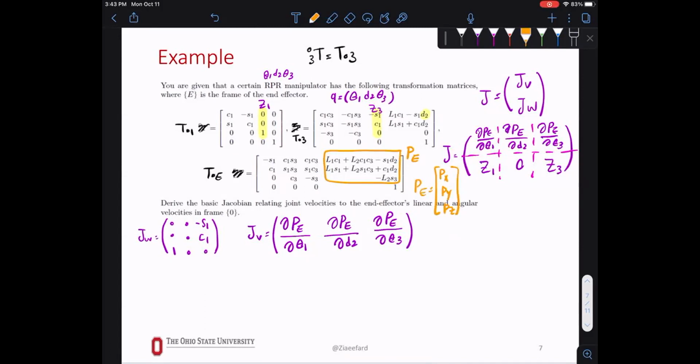So PE, PX, PY, PZ with respect to theta 1. PX, PY, PZ with respect to theta 2. And same for that one, it's going to be 3 by 3. You put them on top of each other, you have a Jacobian. So if you have the transformation matrix, this is the quickest way. Now, this might give you the idea, you know what, I'm going to calculate transformation matrices and find the Jacobian.